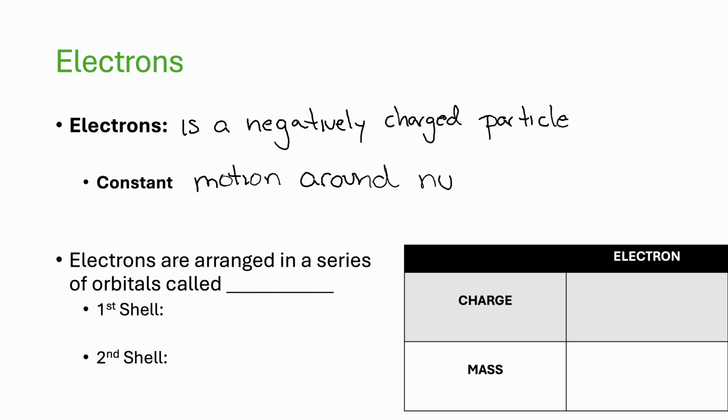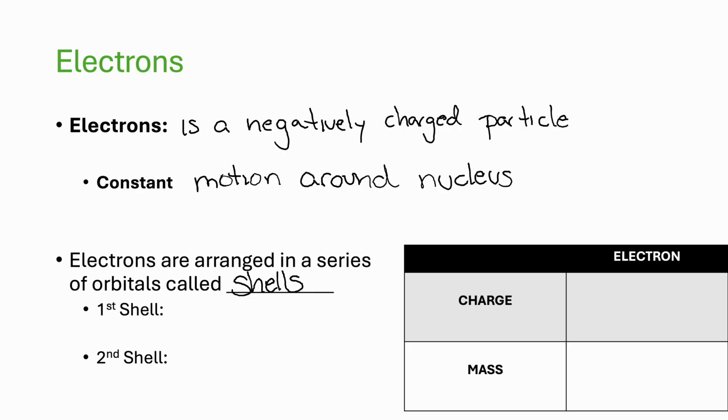Now, the electrons are the ones that are responsible for bonding. So electrons are arranged in a series of orbitals called shells. And these shells, especially the outer shells, are responsible for all of its chemical properties.